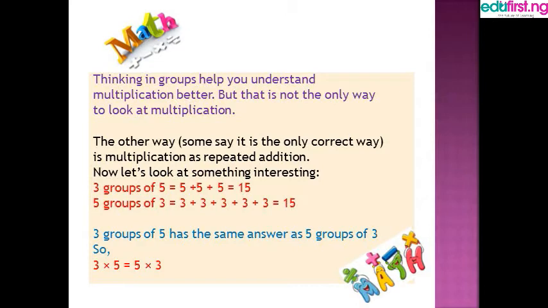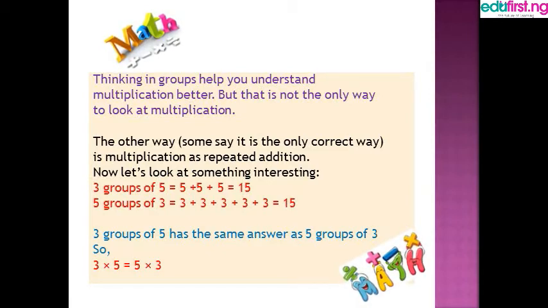Now, 3 groups of 5 has the same answer as 5 groups of 3. So, 3 times 5 equals 5 times 3. If you understand the concept, the sky is your limit in terms of multiplication.